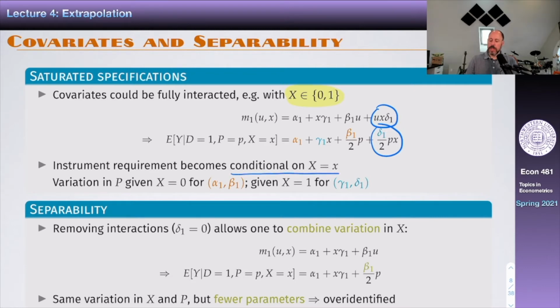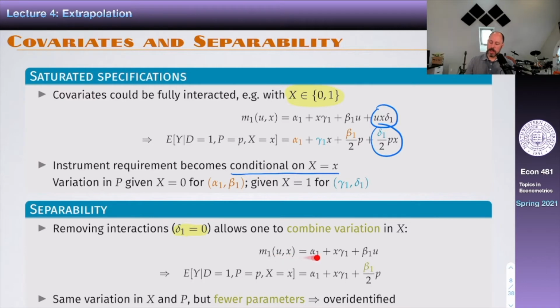And so, as we saw in the class where we described marginal treatment effects last time, one way to deal with this that gives us identification where we can just use the unconditional variability of the propensity score is by imposing separability. So that is, in this case, removing the interaction terms, and that is removing delta 1 from the marginal treatment response.